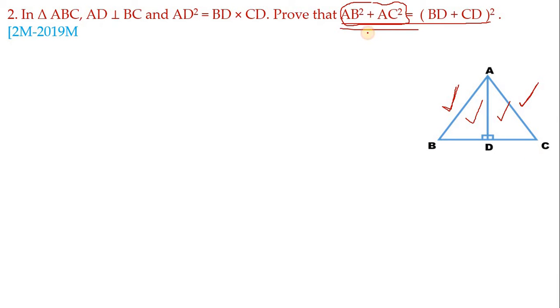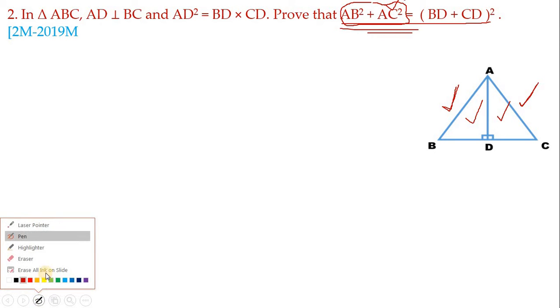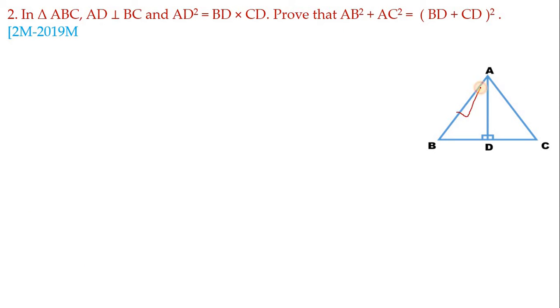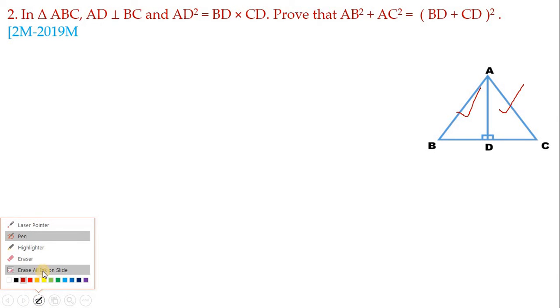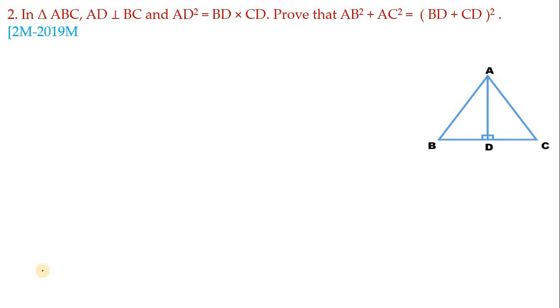But what we wanted to get on the left hand side, that part we get when we apply Pythagoras theorem for this triangle as well as this triangle. That is the trick you wanted to use here. So observation plays a very important role while solving this kind of problem. So first let me take this triangle, children.